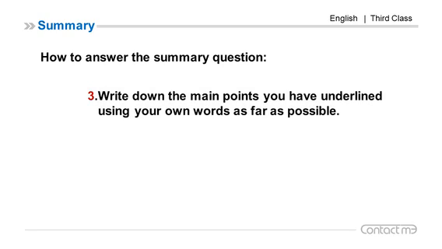Number 3, write down the main points you have underlined using your own words as far as possible. Try to find the words that express your ideas. Don't misuse words or use the wrong words. This may change the meaning of the sentence.